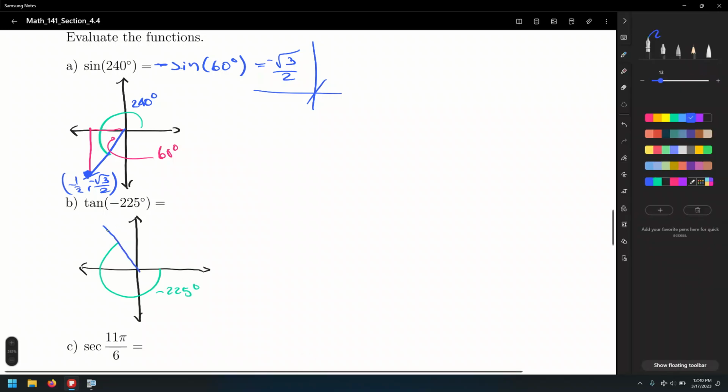So it's going to be this angle right here, which is going to have a corresponding ordered pair. Number one, what's the sign of the tangent function in the second quadrant? It's negative because only sine is positive, right? Actually, the point is root of 2 over 2, root of 2 over 2.